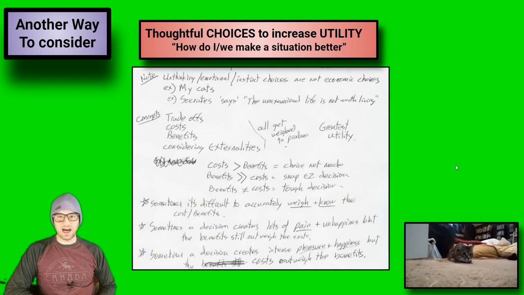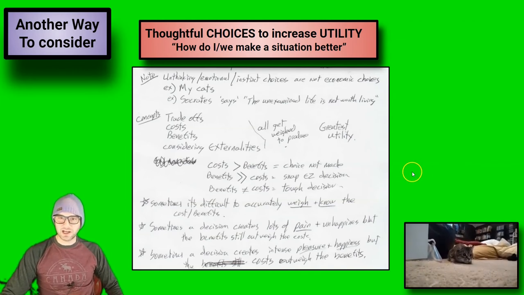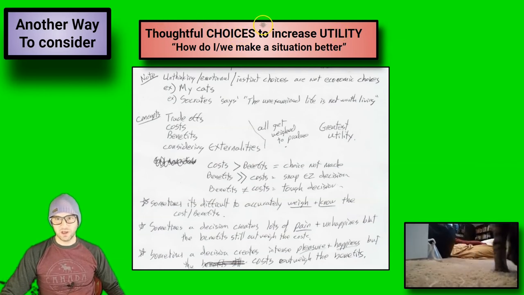Let's focus in on the word choices. You'll hear a lot of economists say choices, but they focus in on resources and such. They don't focus in on the choices themselves. When we focus in on two ideas, choices and utility, we get something amazing.